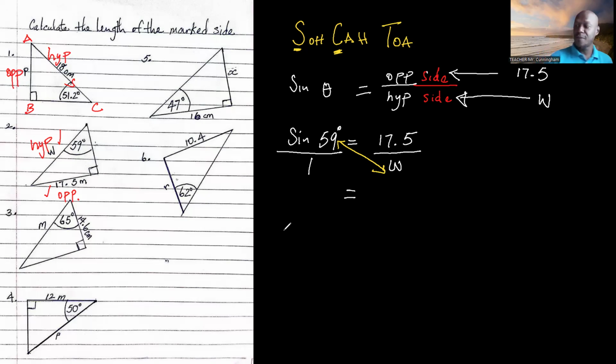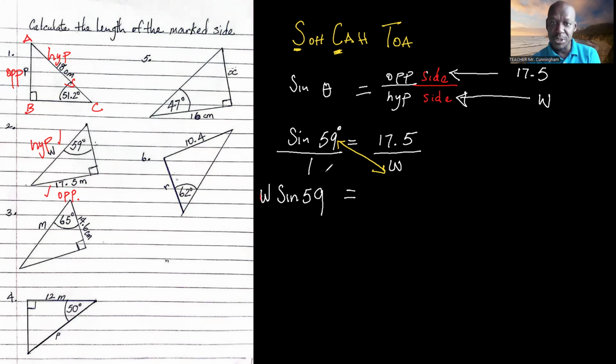W equals, no. I am multiplying sine 59 by W. So I'm supposed to have W times sine 59. That's how we cross multiply.